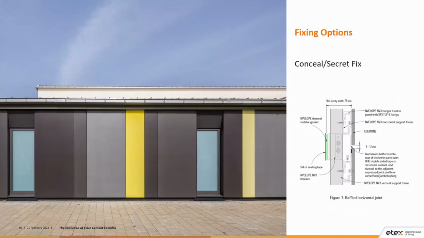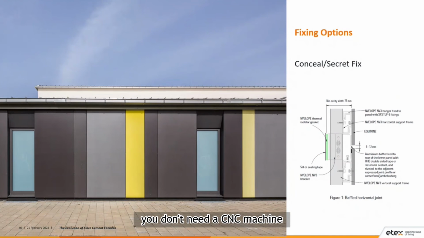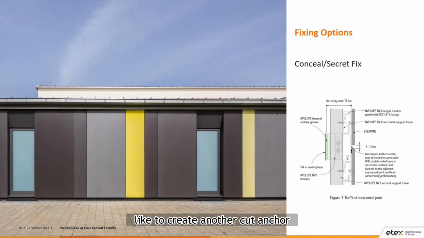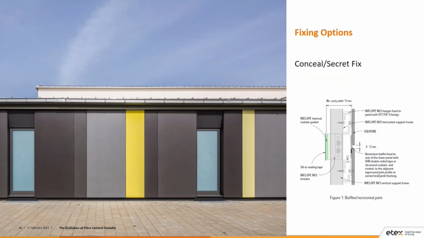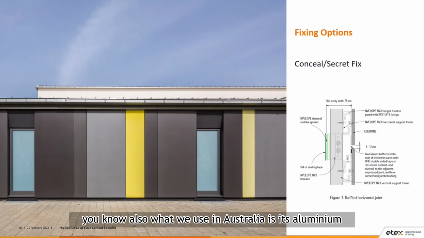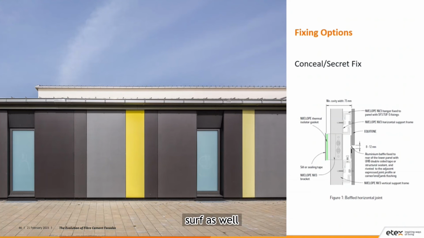It doesn't require any special machinery. You don't need a CNC machine to create an undercut anchor. It can all be done on site, so it's a really intelligent system. Also, what we use in Australia is aluminium, so it's going to be used right on waterfront, breaking surf as well. So really good option.